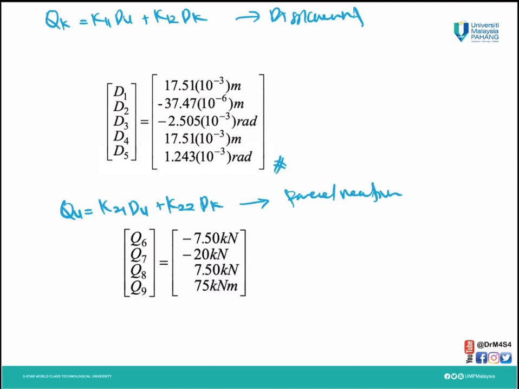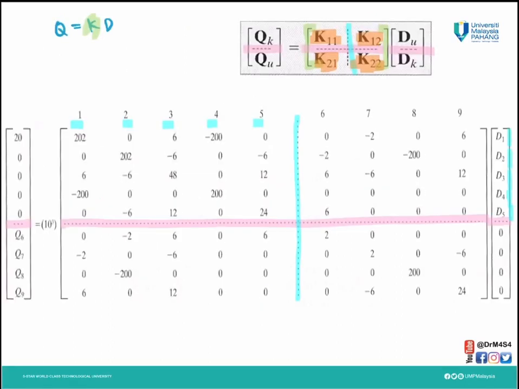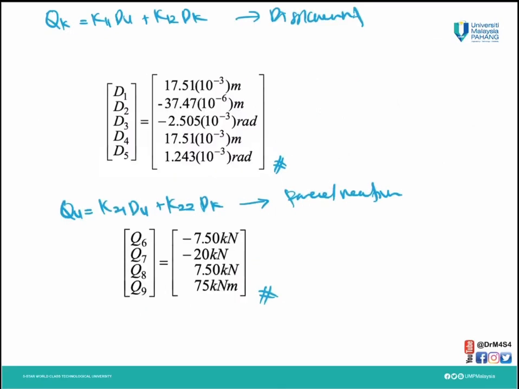That means you need to expand this matrix, solve the simultaneous equation by using matrix reduction or using your calculator, and you will get those unknown parameters. For this case, easily you can cancel out DK because DK is 0.